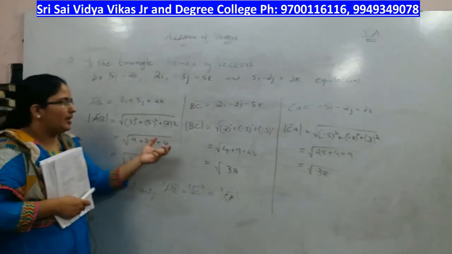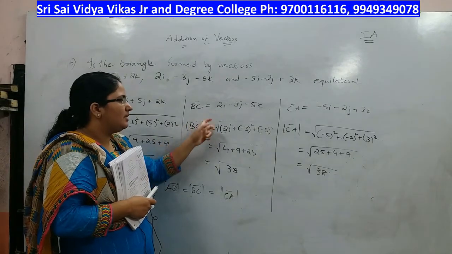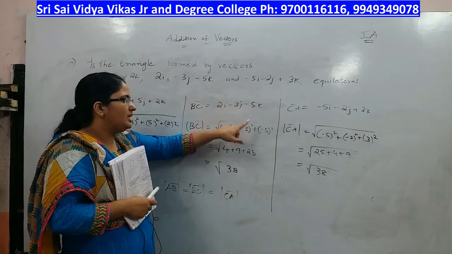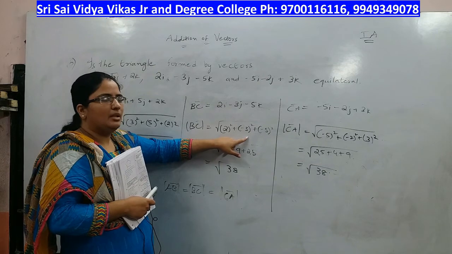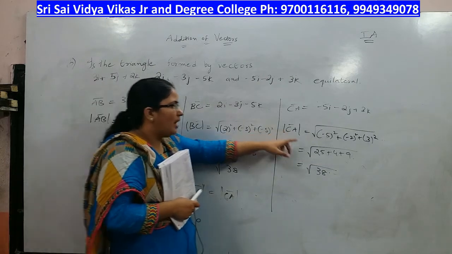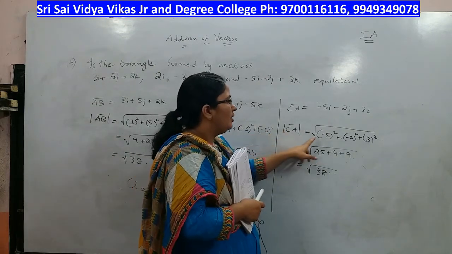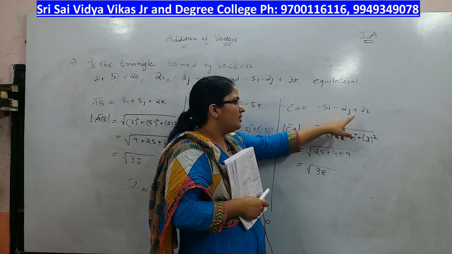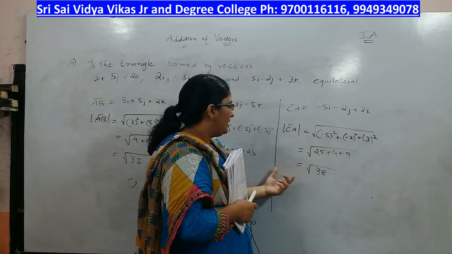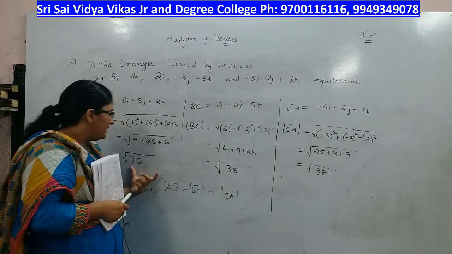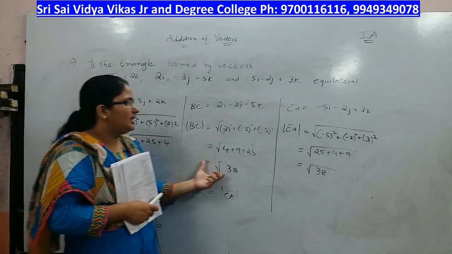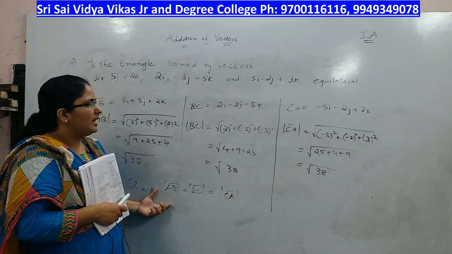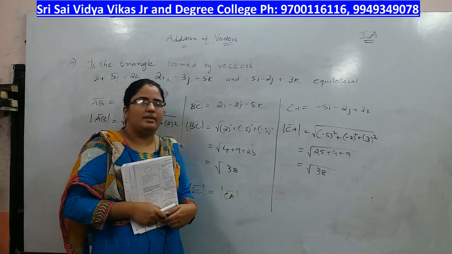Same for BC and CA. So here, since the modulus is the same, you are getting root 38 is equal to root 38 is equal to root 38. Clearly, the triangle forms an equilateral triangle.